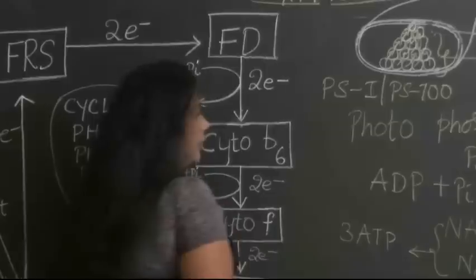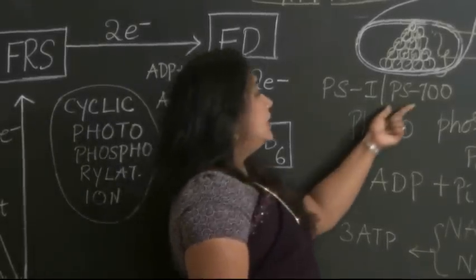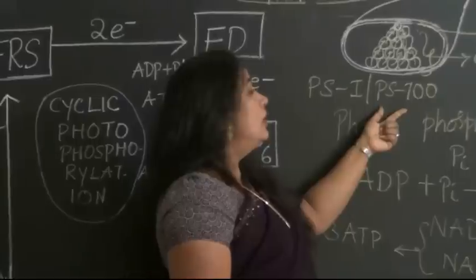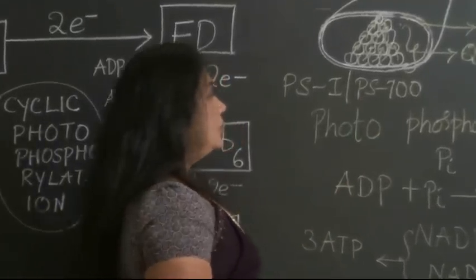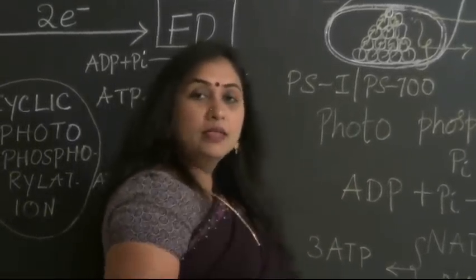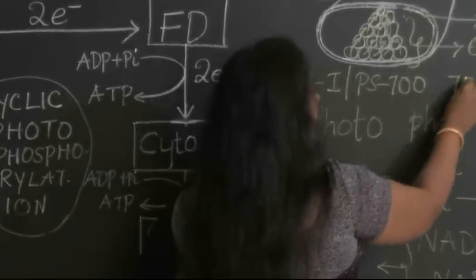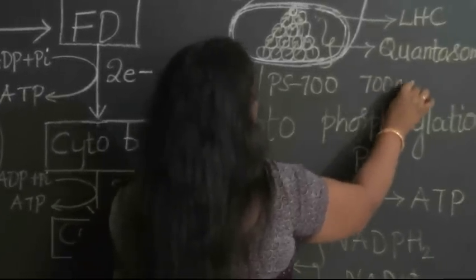What does this mean? It means this chlorophyll molecule, of course chlorophyll A, has the ability to trap sunlight having a wavelength of 700 nanometers.